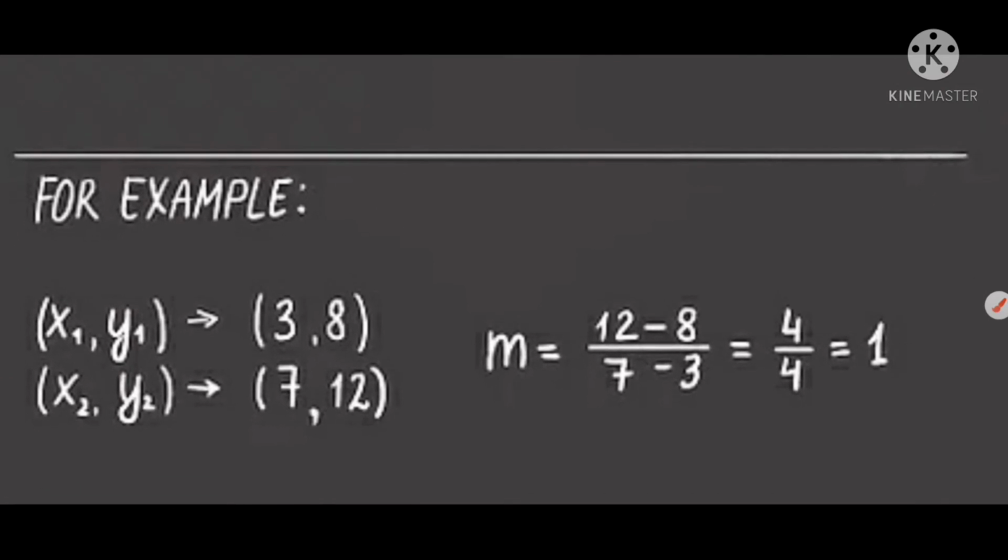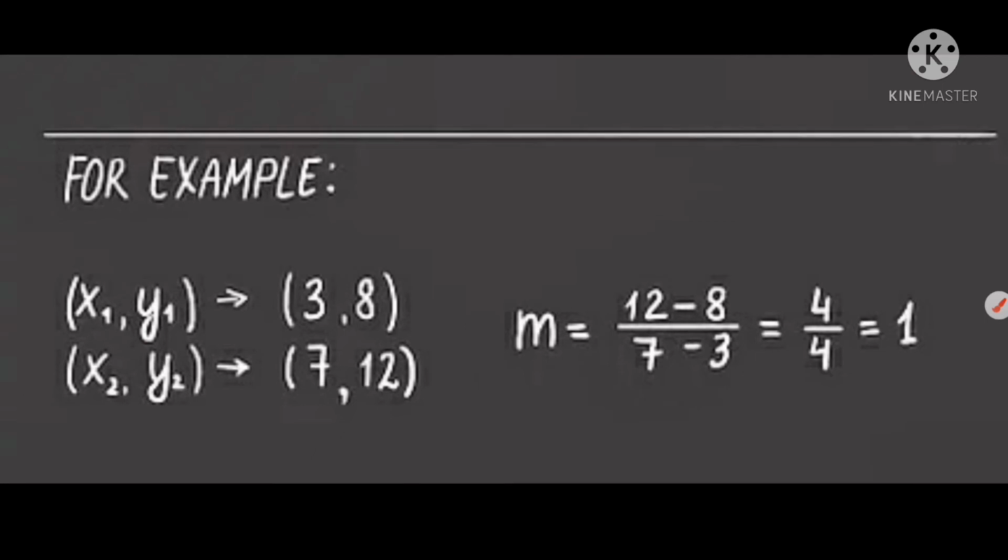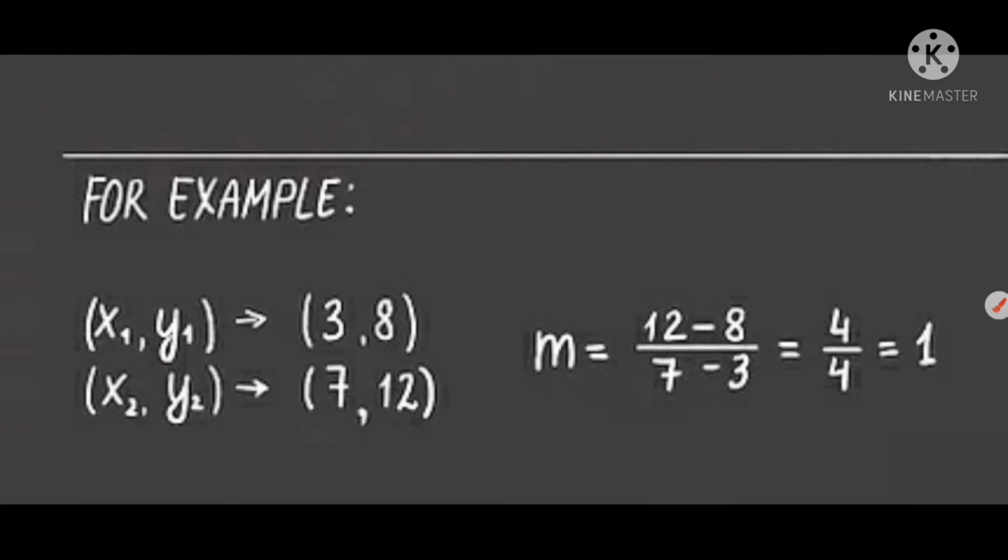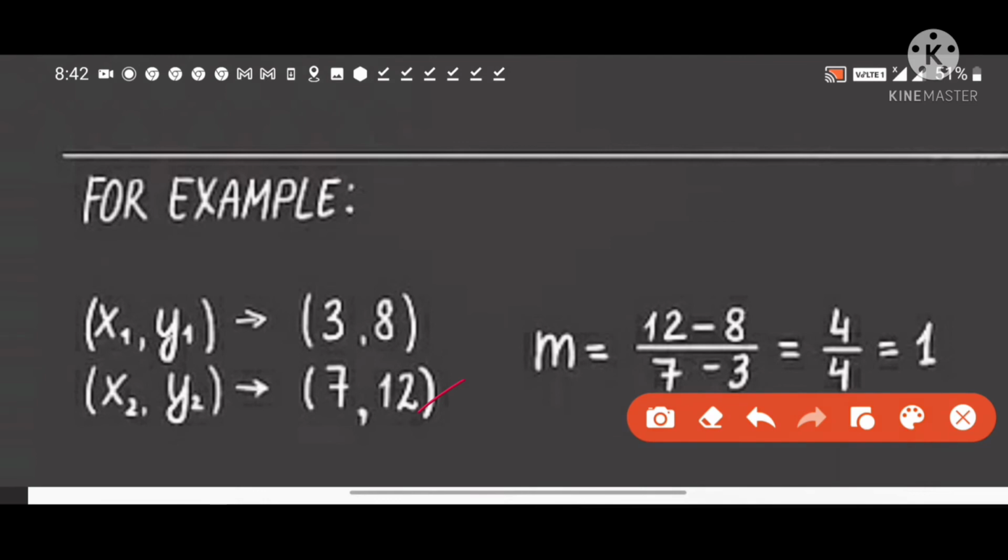For example, if we have 2 points x1, y1 as 3, 8 and x2, y2 as 7, 12, then m is equal to y2 minus y1, that is 12 minus 8, over x2 minus x1, that is 7 minus 3. By simplifying, we get m is equal to 1. In this way, we will find the value of slope.